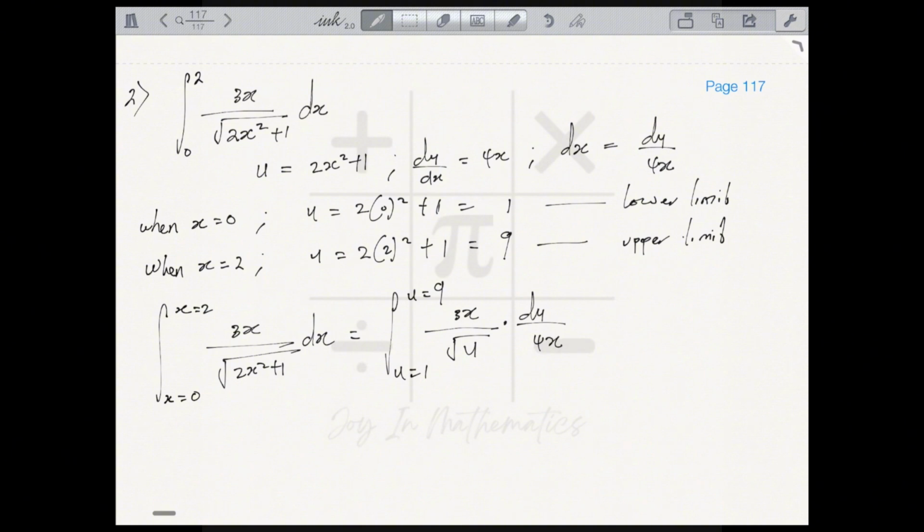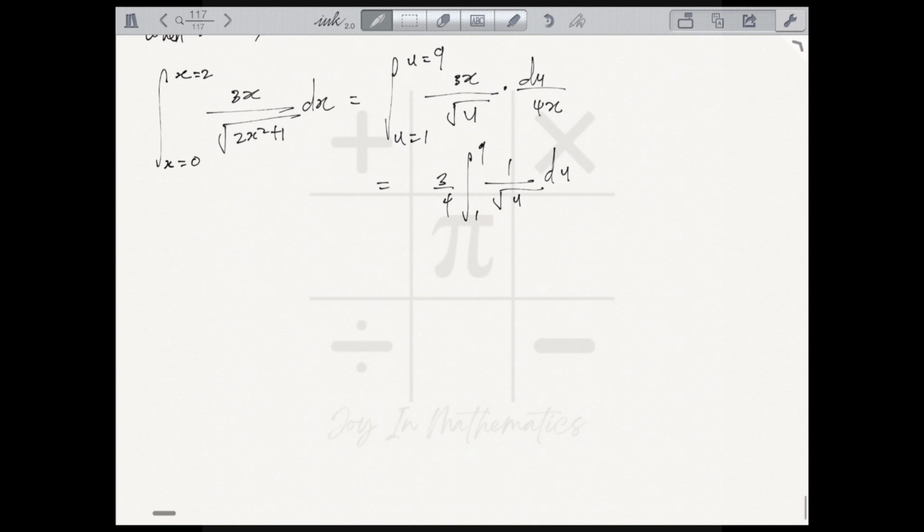So when the x's nullify each other, we'll be left with 3 over 4 integral from 1 to 9 of 1 over square root of u with respect to u. Simplifying this further, we will have 3 over 4 integral of u raised to power minus half du from limits 1 to 9.